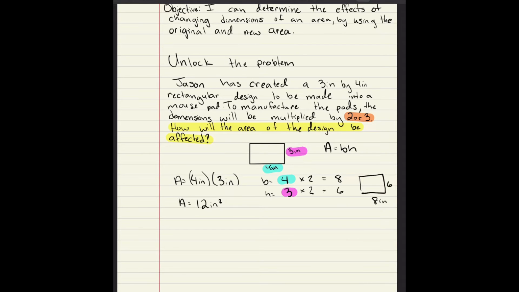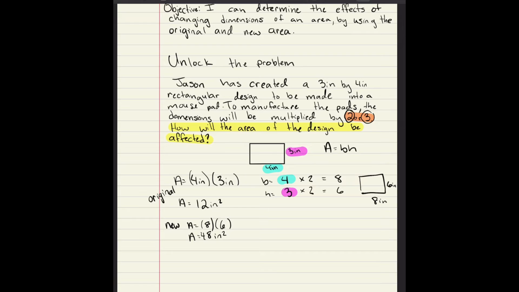And if you want, you can draw a new shape for it. So now I'm finding the new area. So I'm going to write original here. Keep it organized. I'm going to write new here. I'm going to say A equals, the base is 8, height is 6. So the area equals 8 times 6, which is 48 inches squared.